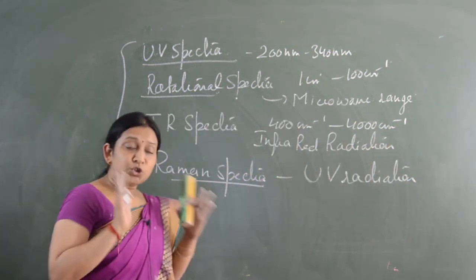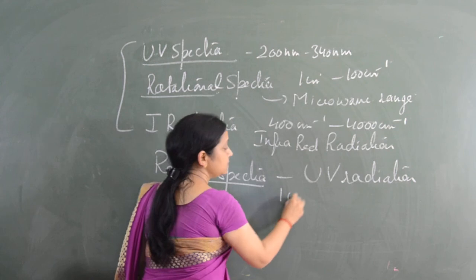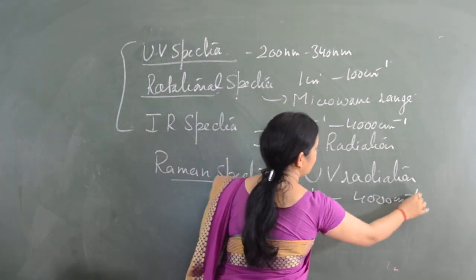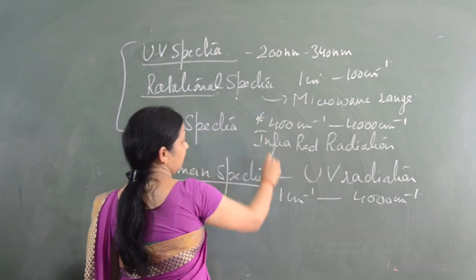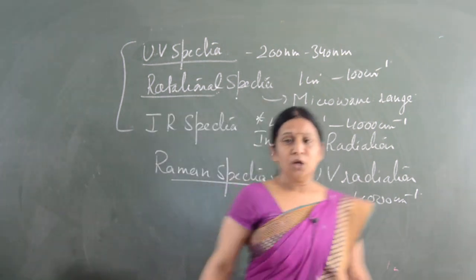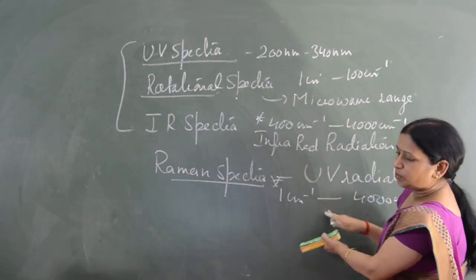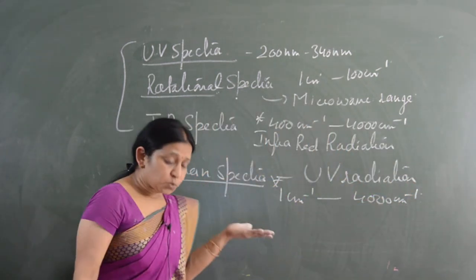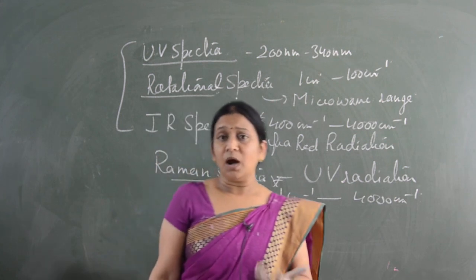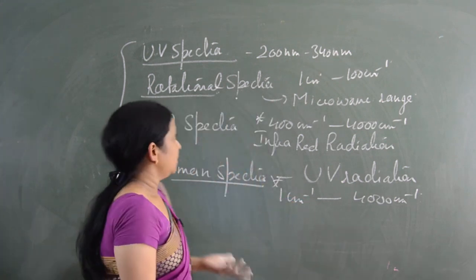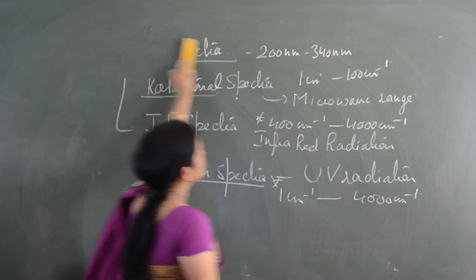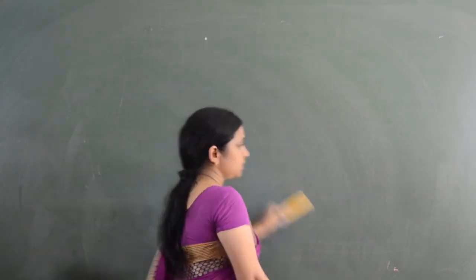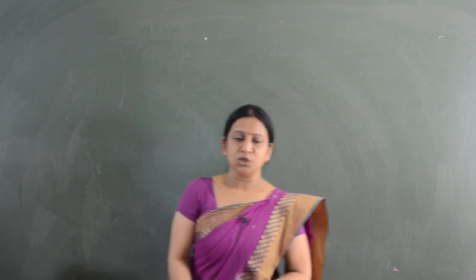Then the range of Raman spectra is 1 centimeter inverse to 4000 centimeter inverse. The whole of the IR range is present within the Raman spectra, and that is why we say that IR and Raman are complementary to each other. So these are the 4 spectra which we have discussed in spectroscopy. So this is all in this unit. Thank you.